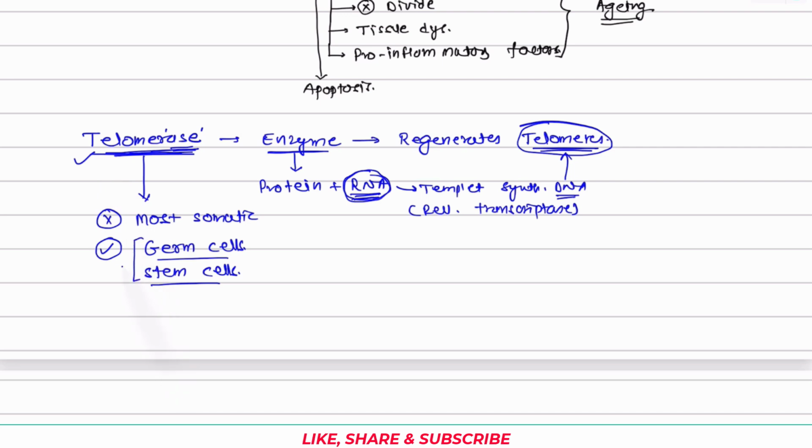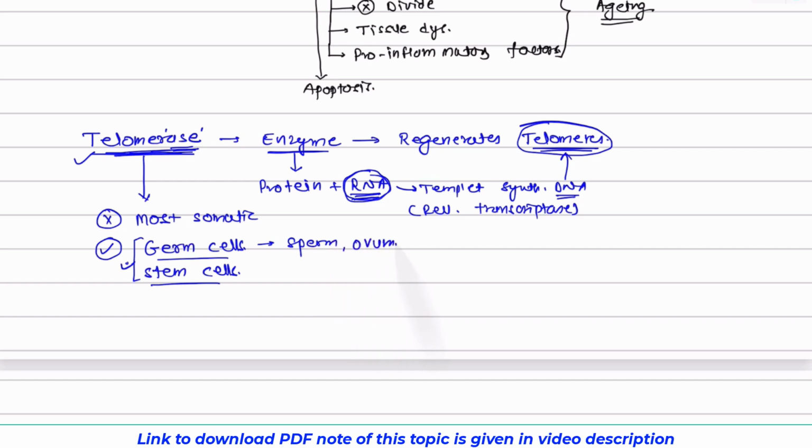Now why is it necessary for these cells to remain forever young? See, germ cells means sperm or ovum. We know that these cells need infinite replication and infinite division, so that the genetic data is preserved from one generation to another generation, right? That's why telomerase is active in the germ cell.